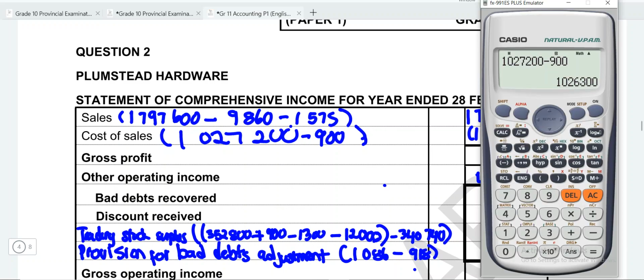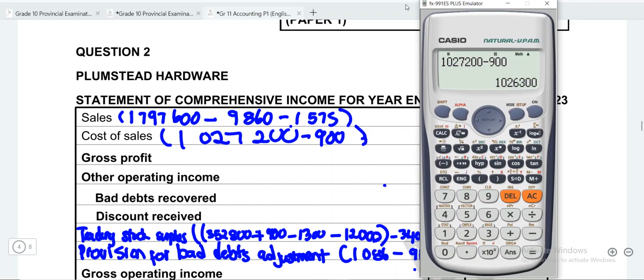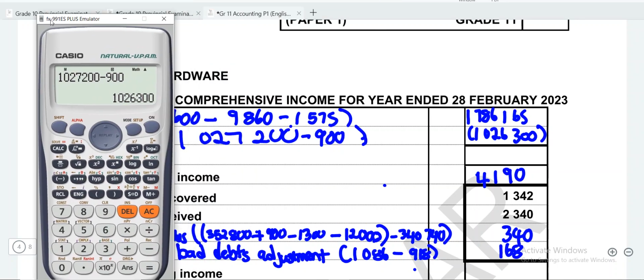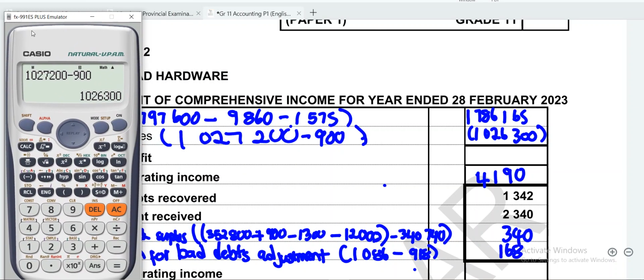Then we can get our gross profit here. So let's get it. So if we say 1,786,165 minus 1,026,300, it is giving us 759,865.